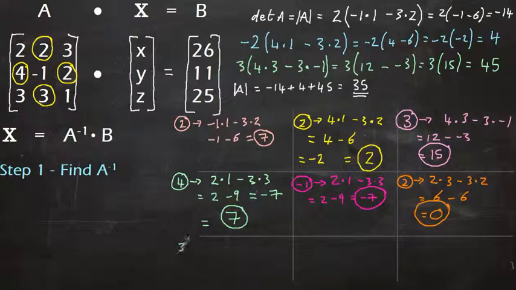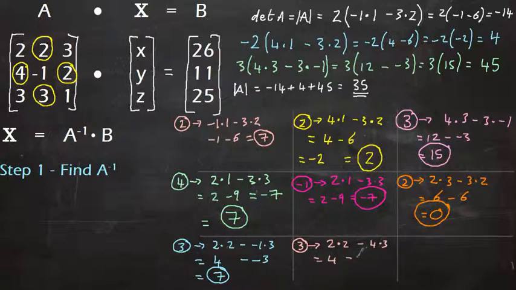Bottom row, first column, element 3 is going to give us 2 times 2 take away minus 1 times 3, which is equal to 4 take away minus 3, which is equal to 4 plus 3, which is equal to 7. Third row, second column is also a 3, and its cofactor is going to be 2 lots of 2 take away 4 lots of 3, which is equal to 4 take away 12, which is equal to minus 8.